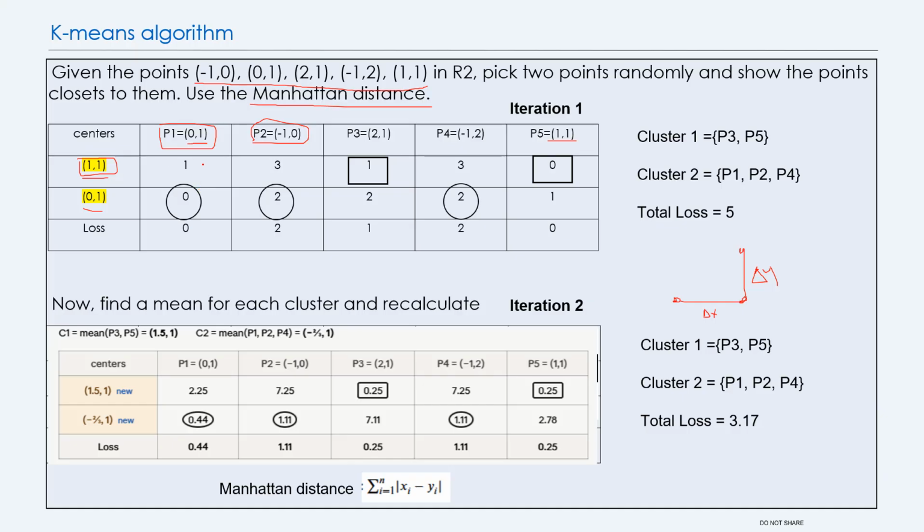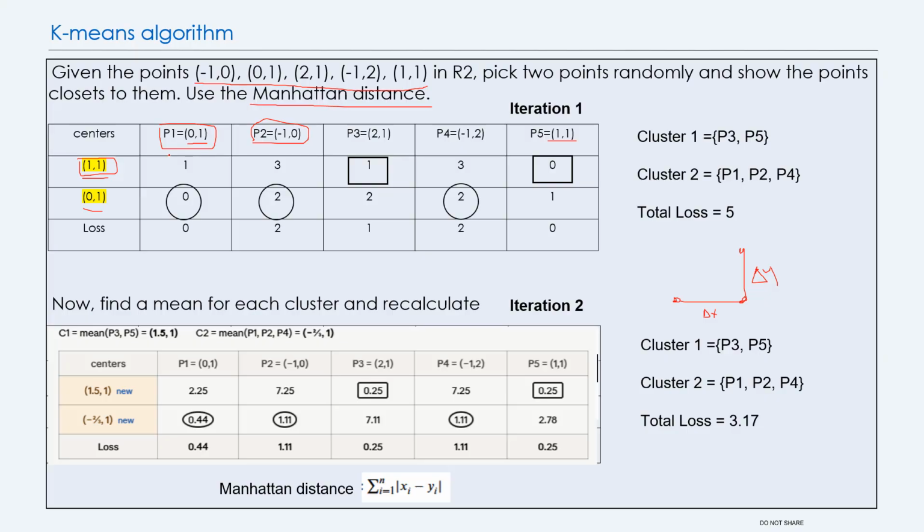We fill out this table for the 2 points we selected and for all the points here. Then what we're going to figure out is, given cluster 1, who is the closest to it? If you look at any column, the smallest number is the closest.